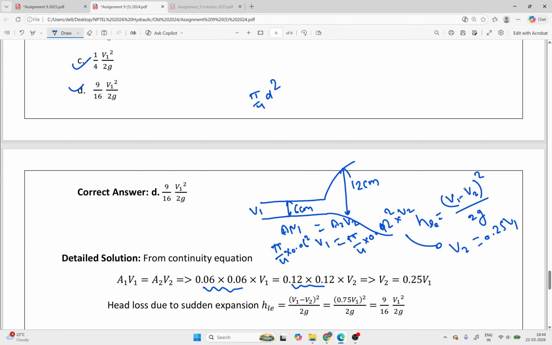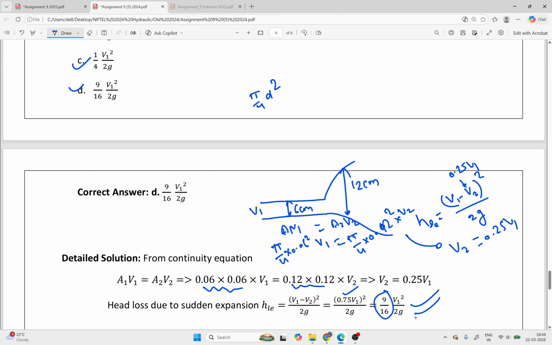So now here you need to put 0.25 v1. Once you subtract v1 minus 0.25 v1, you will get (0.75 v1) whole square, divided by 2g. 0.75 square is 9 by 16, so you will get 9 by 16 after the calculation.